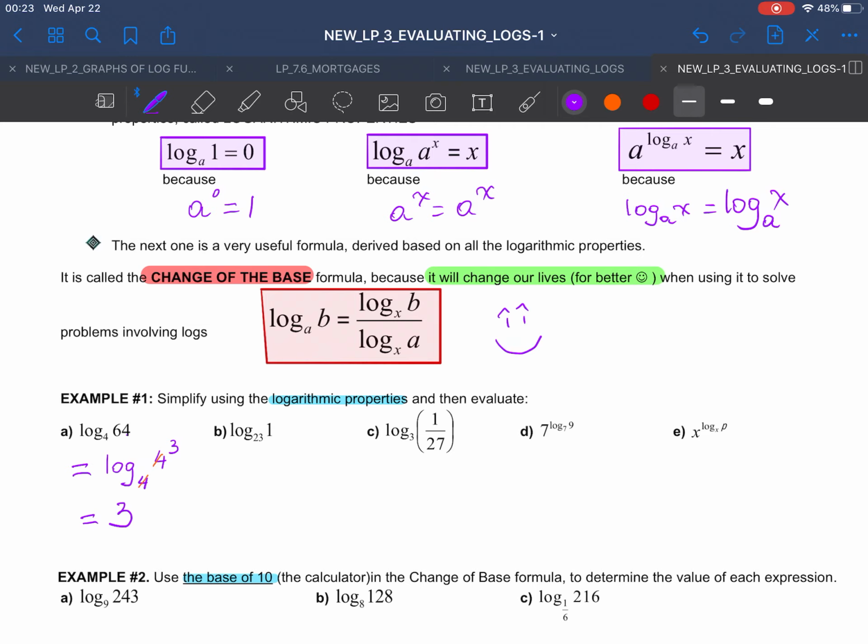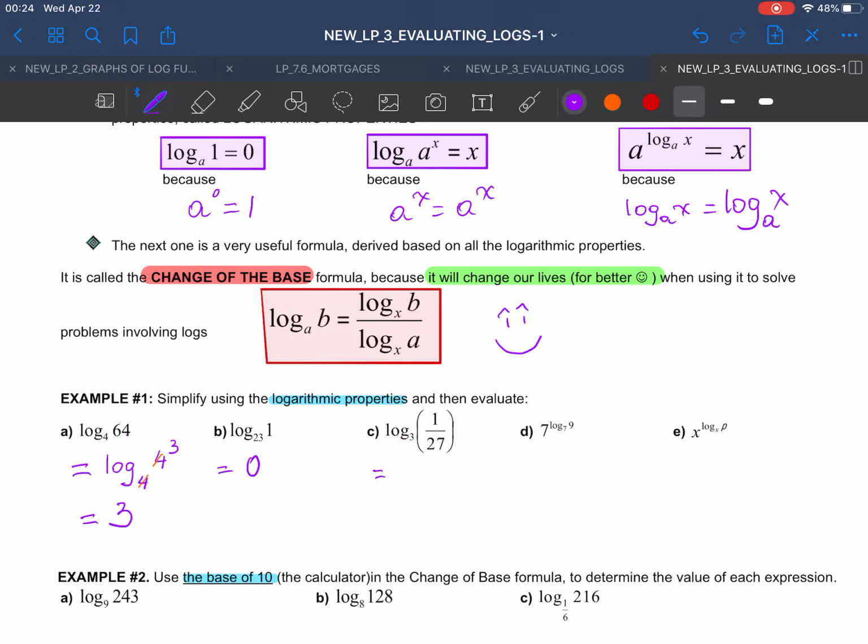Next, log base 23 of 1. Whenever we see number 1 inside the log, without hesitation, we say that the answer is 0. That's the first property. Next is log base 3 of 1 over 27. So we're going to try to match the base of this number to the base in the log.